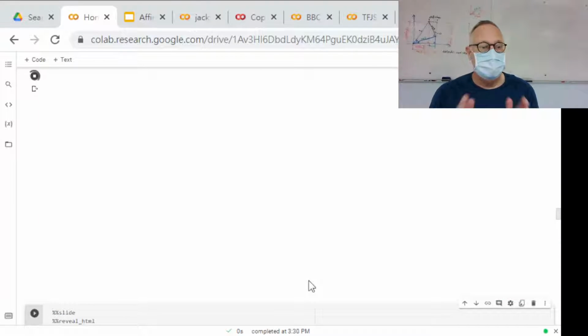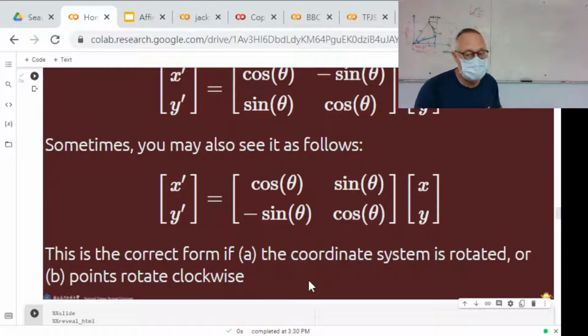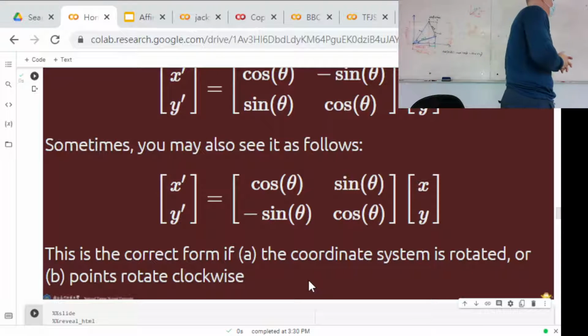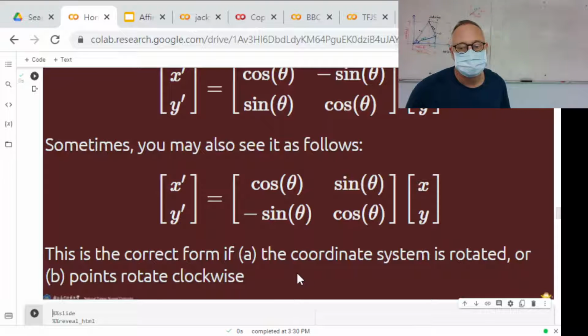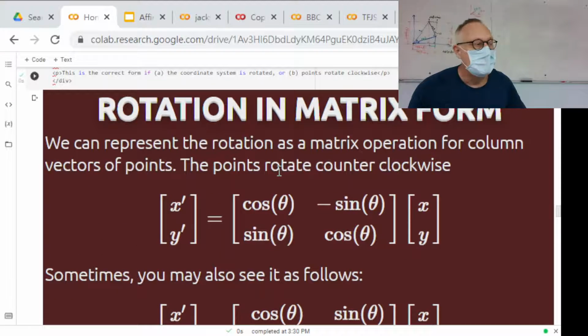But since those two equations are supposed to be applied in parallel, I need to calculate both coordinates, x and y. Both new coordinates, x dash and y dash. Mathematicians like to group them together in matrix form. So we can take the rotation operation and convert it into matrix form.